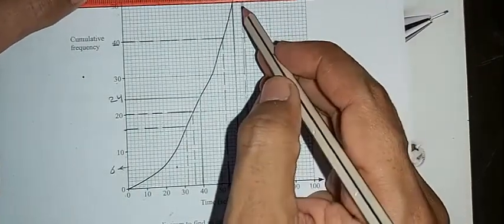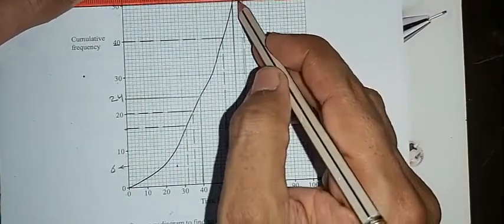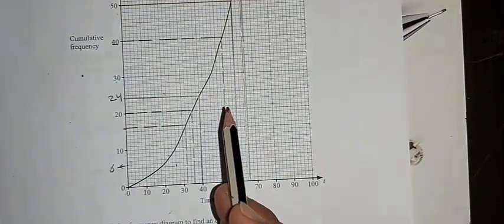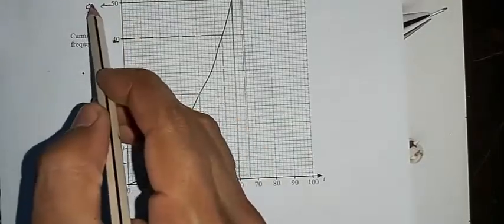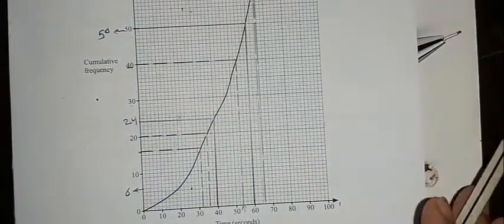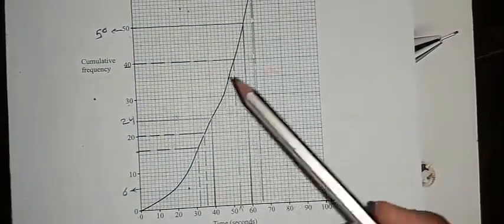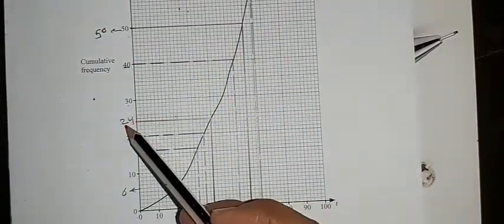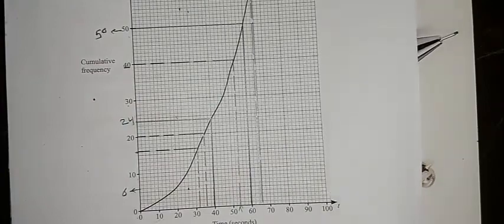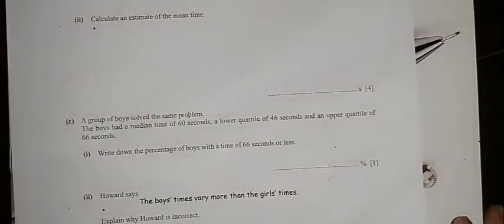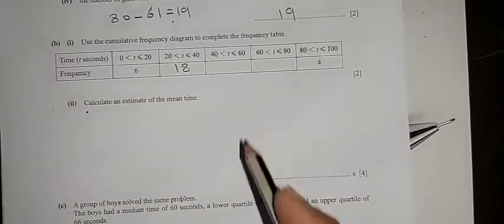I think it's close to 50, maybe 49, 50. It's maybe 50. So this is 50 here. To find the frequency of this class, 50 minus 24 is 26. So this class here is 26.